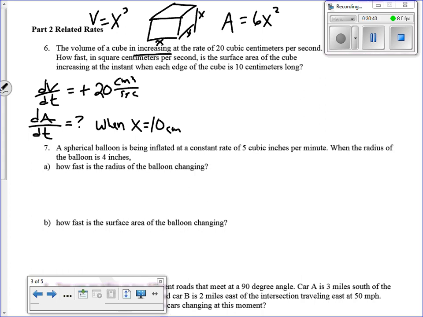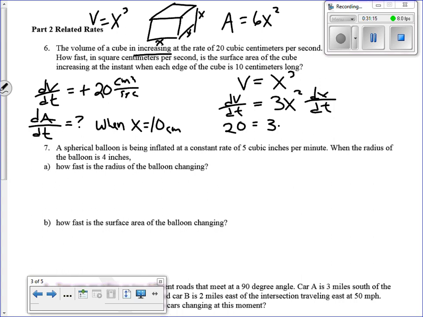Okay. Well, the fact that they gave us the dV dt, I'm going to write the formula down for volume of a cube. The volume is x cubed. So that when I take the derivative of it, I'll have a dV dt. So you take the derivative of each side with respect to t now. Now we're doing this because things are changing. So 3x squared dx dt. Now, I know what to fill in for dV dt. That's 20.